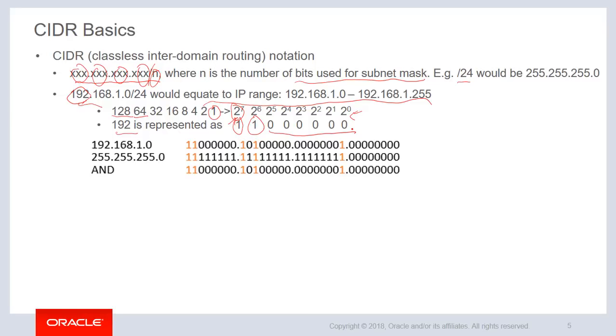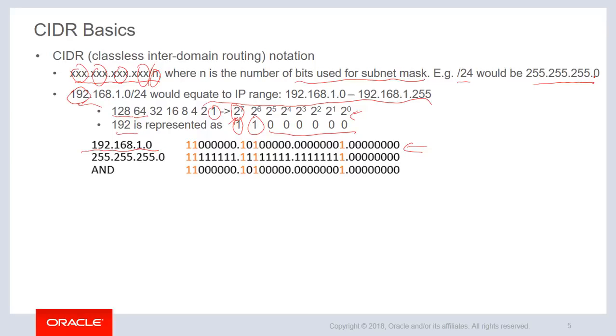Now continuing the same logic, if we have to write this whole IP value here, it would be constructed like what is shown on the screen. Now earlier we said that /24 would equate to this kind of subnet mask.